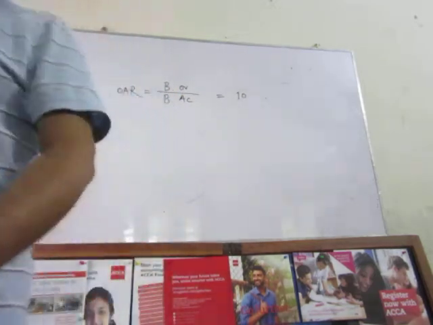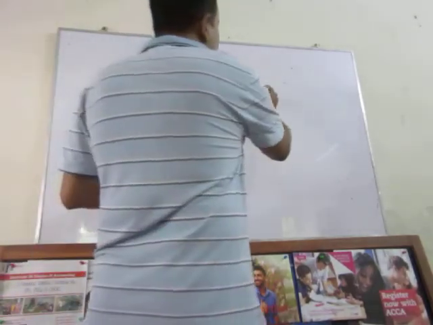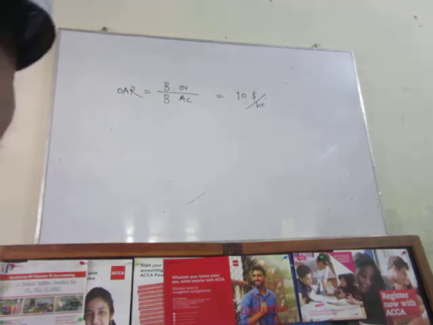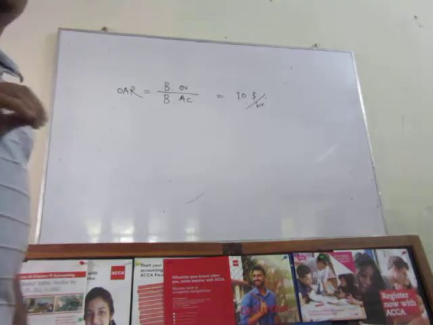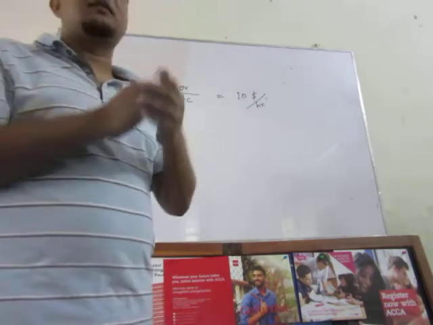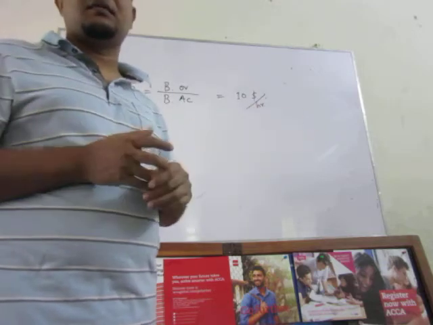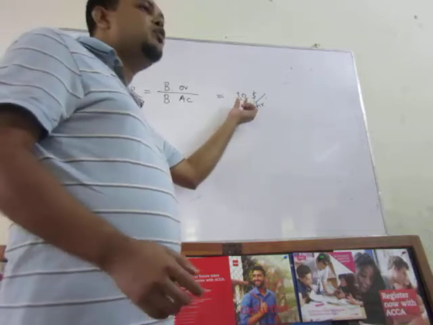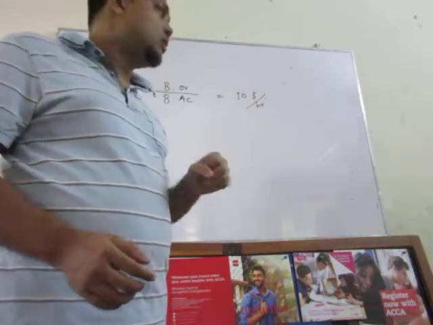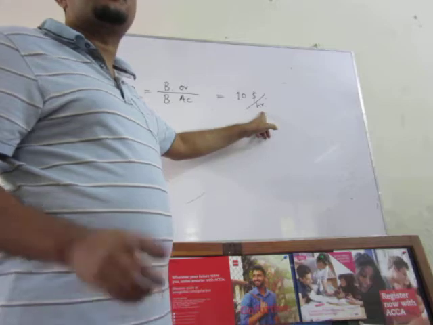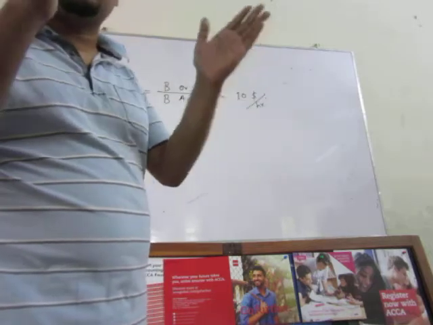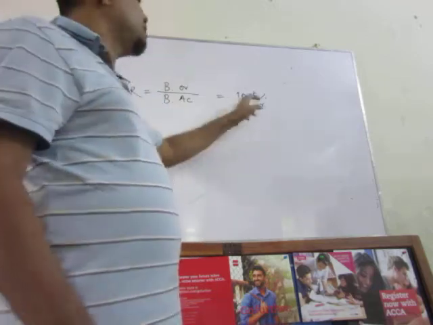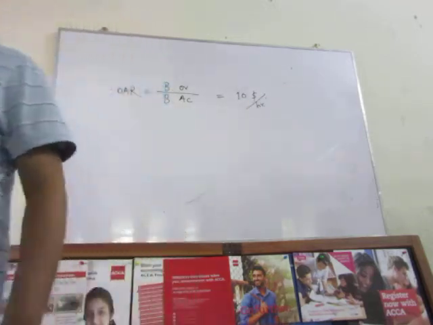That means, suppose it is $10 per labor hour. That means you are expecting, you are budgeting. Budget means expect. You are expecting or you are budgeting that $10 will be absorbed when your direct labor forces are involved in doing any kinds of activity for 1 hour. For each individual 1 hour, they will absorb $10. Clear?